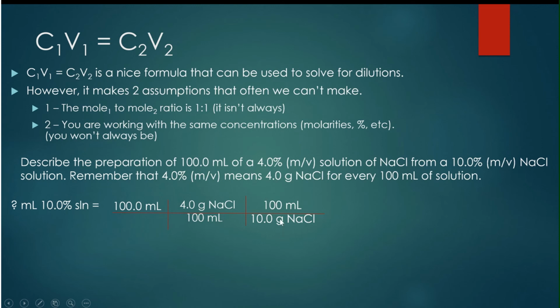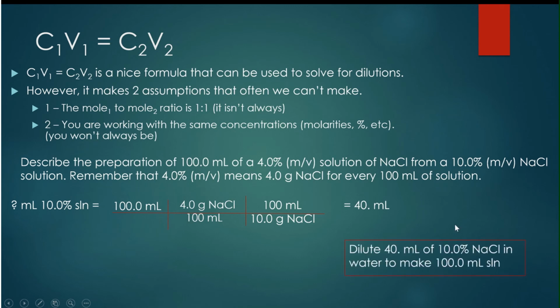Our stock solution is 10 grams per 100 milliliters. That's our 10% solution. So we want 40 milliliters of our 10% stock solution. And we'd, of course, then add 60 milliliters of water to make 100 milliliters of your diluted solution.